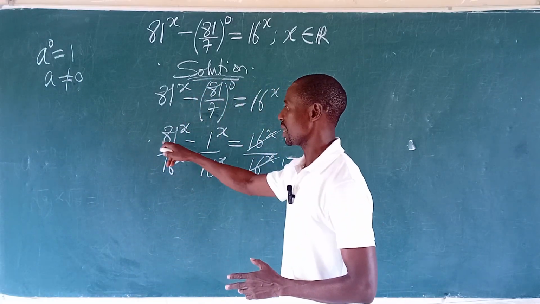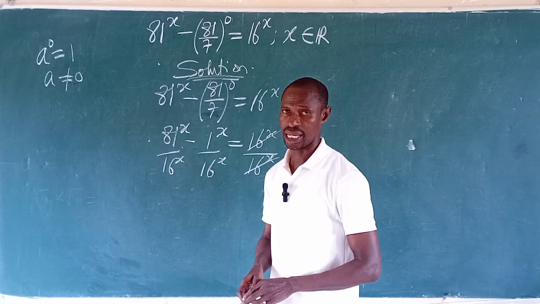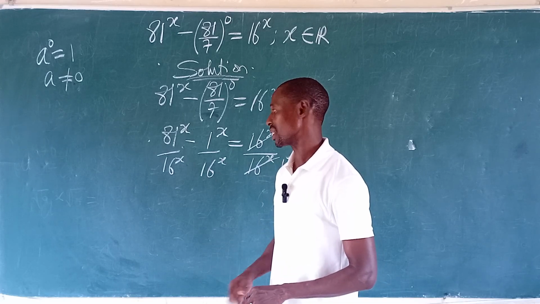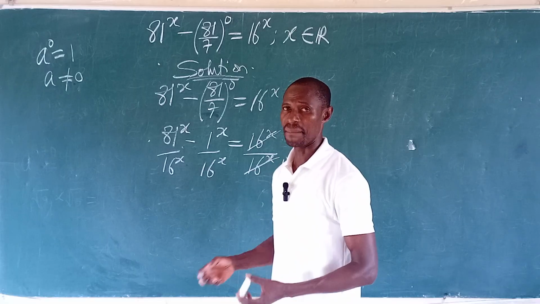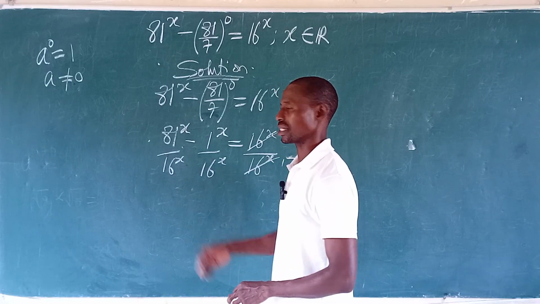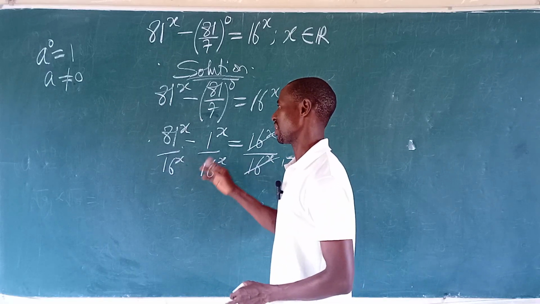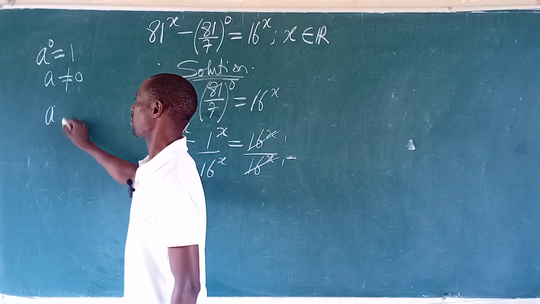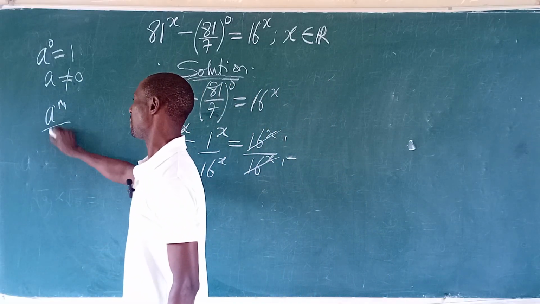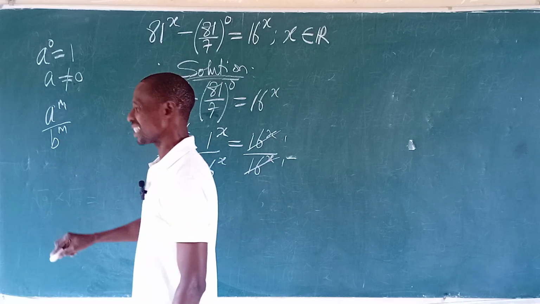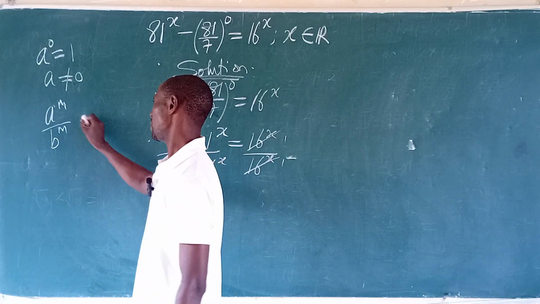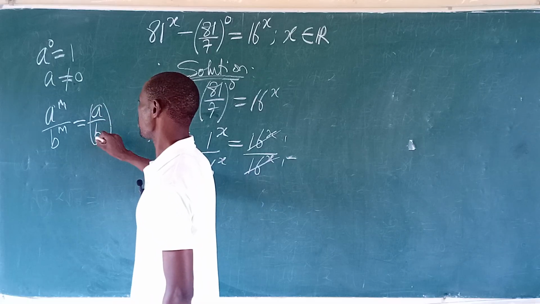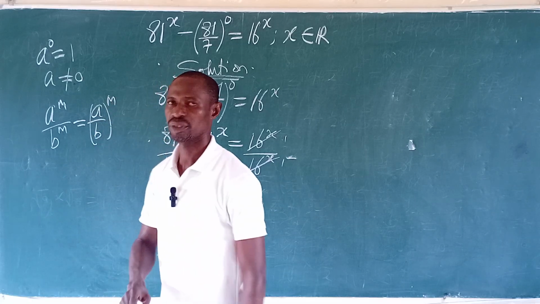Now let's take a look at the quantities on the left-hand side. Here we have 81 as the base number and the exponent is x. Here we have 16 as the base number and the exponent is x. There is a law to this effect: when you have a^m over b^m, with the same exponent m, we can rewrite this as (a/b)^m.